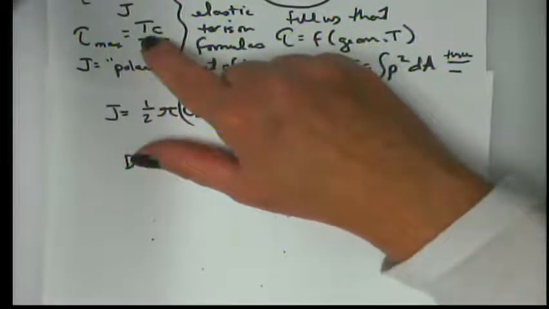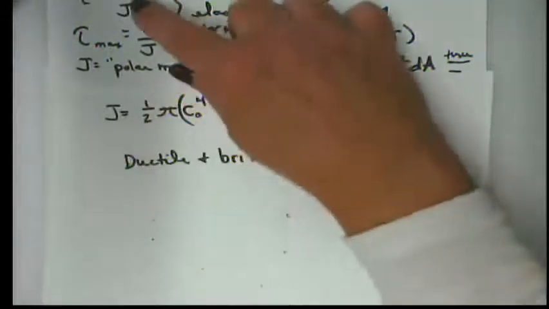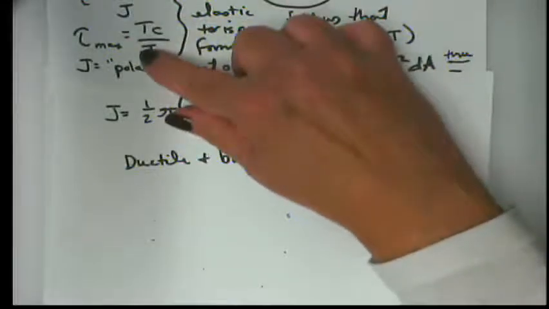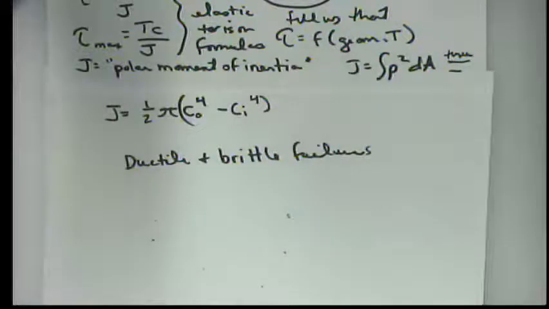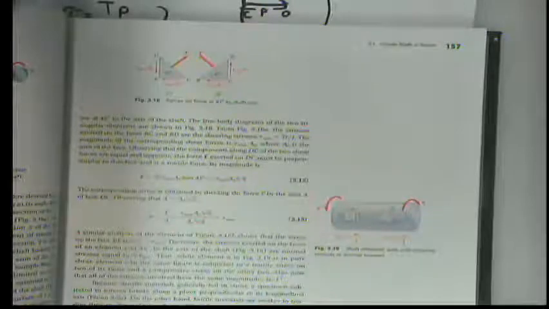Now, what you need to see when we talk about torsion, torsion does not induce any normal stress at all. It's all shearing stress. So everything that we have is an angular change. But in your textbook on page 157, it would show you what a shaft will fail like if you subject it to a torque, if the material is brittle, or if the material is ductile.